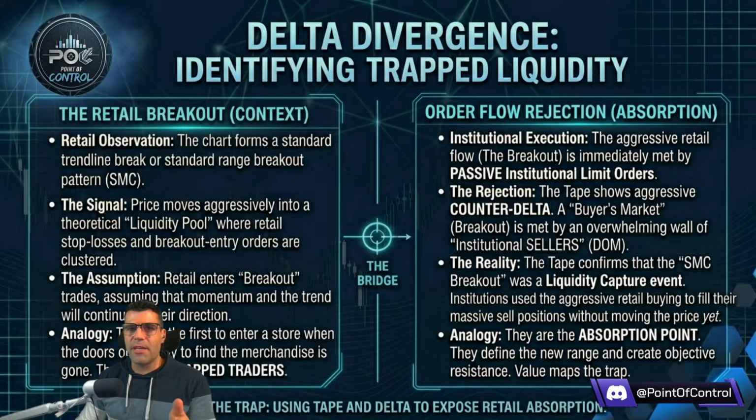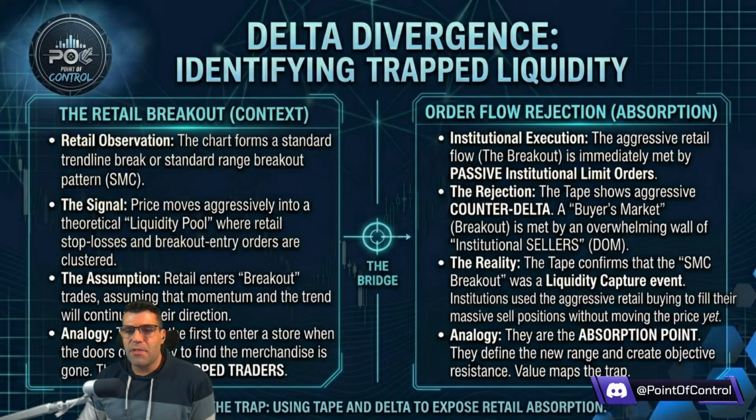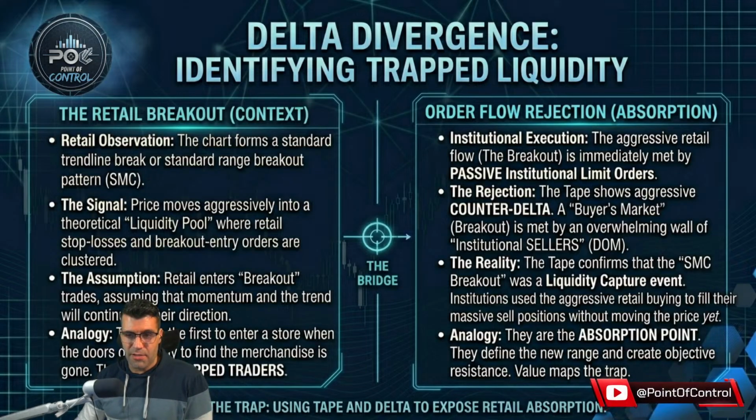So that is just regular retail strategy, opening range breakout strategy for anybody who trades that, which can be done successfully as long as you do it with order flow. Opening range breakout strategy without a volume profile or order flow, you're not going to catch good breakout trades. You're going to be stuck in the manipulation. So price moves aggressively into a theoretical liquidity pool where retail stop losses and breakout entry orders are clustered.